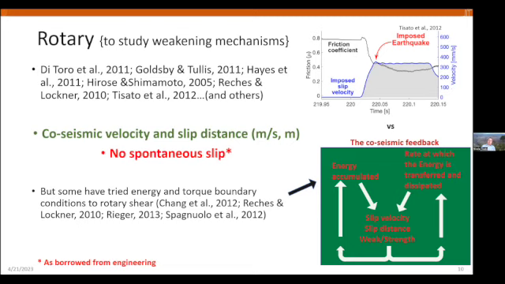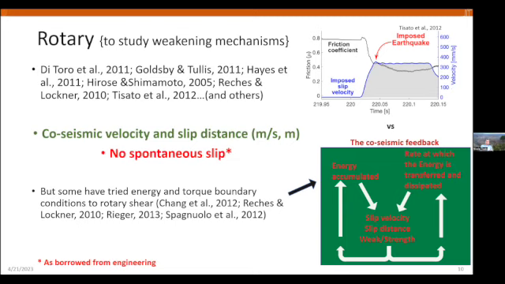A clutch is closed, and then the energy is quickly transferred from the spinning wheel into the sample, accelerating the sample very quickly. And then the energy fundamentally, which is available, is the inertial energy stored in such a spinning wheel.